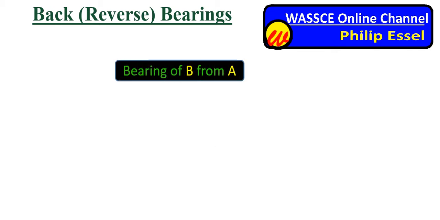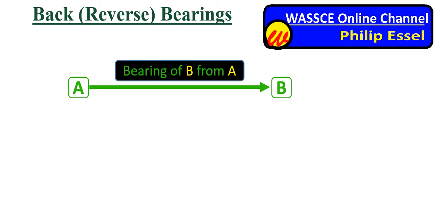To better appreciate this, let's first draw an arrow diagram to represent the bearing of B from A. So, this statement simply means we are moving from the point A and we are going to the point B. This is the arrow representation of the statement.